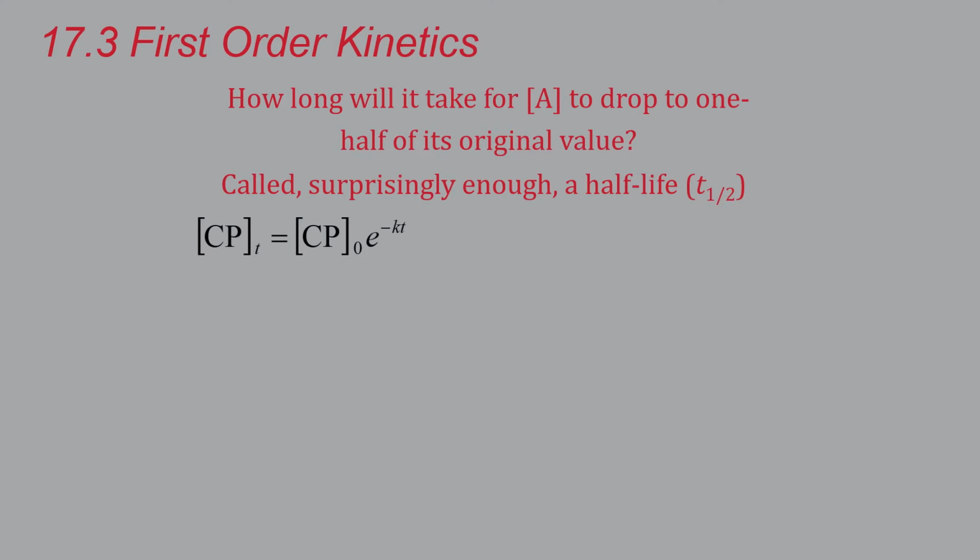And we're going to do almost the same substitution that we did before. And what we can say is that, at the half-life, this is just equal to 0.5 times Cp.